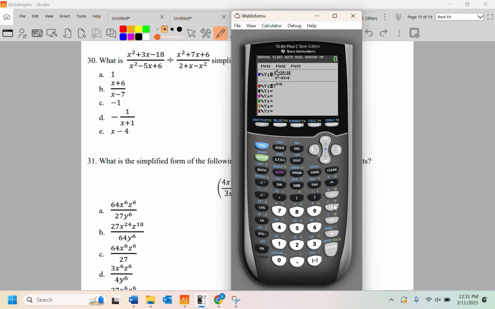And then we're going to be divided by, so I'm just going to hit divided by math num n over d. X to the second plus a 7x plus a 6. And then we have 2 plus x minus x squared. And I'm going to zoom 6.